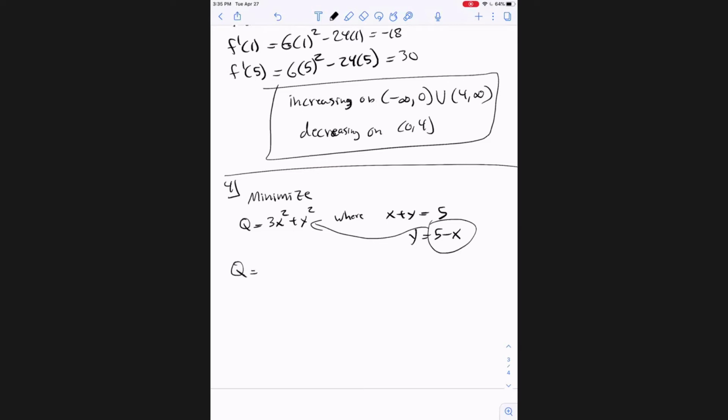So Q equals 3x squared plus y squared, but what is y? 5 minus x. Before I take the derivative, I'm going to multiply this out to make it easier. 5 minus x whole quantity squared is 25 minus 10x plus x squared. Combine like terms, Q equals 4x squared minus 10x plus 25.